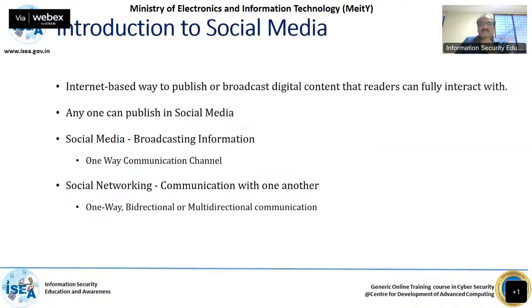And most of the people are aware of what the advantages of social media and social networking are. You also heard about the words social media and social networking. There is a slight difference between them. Social media is one-way communication. Social networking is two-way communication. In social networking, you can interact one-to-one, one-to-many, many-to-one, bidirectional.